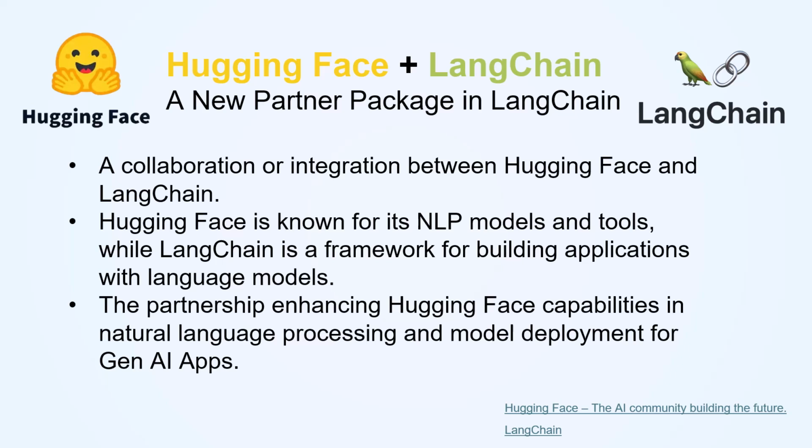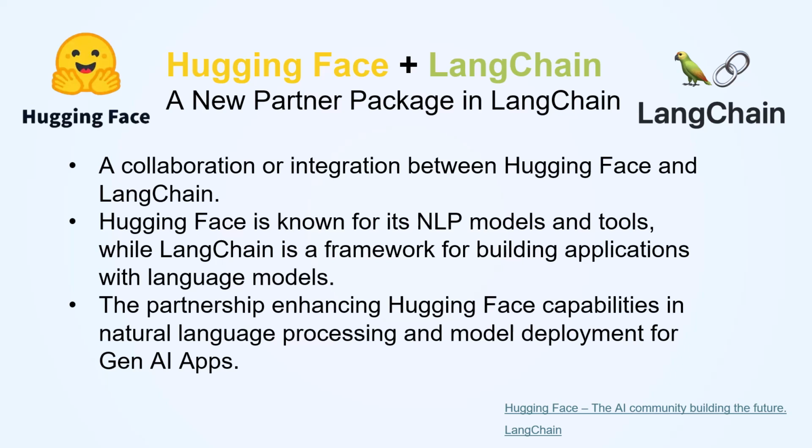Okay, so today what we are going to do is use a collaboration between Hugging Face and LangChain, and it is a new partner package in LangChain. LangChain has introduced this new package, which is a joint venture and integration between Hugging Face and LangChain.